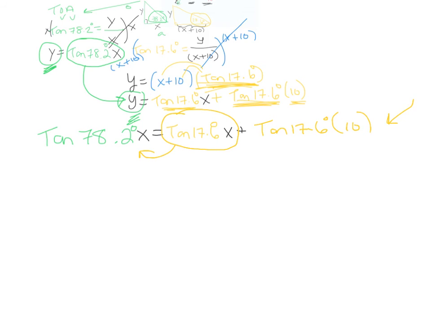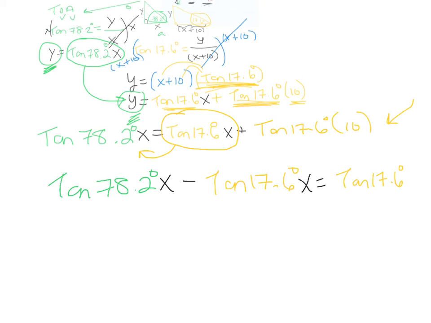So I can move tan of 17.6 x to the left side. Then I would have tan of 78.2 degrees x minus the tangent of 17.6 degrees x is equal to the tangent of 17.6 degrees times 10.